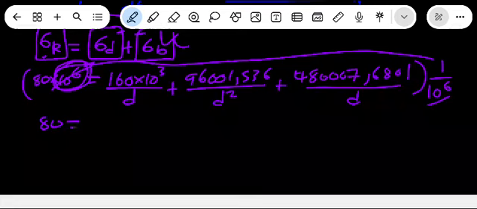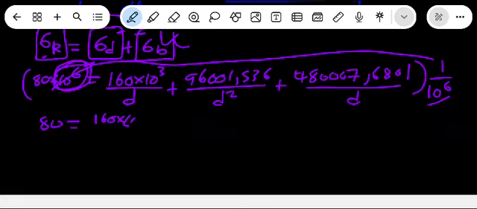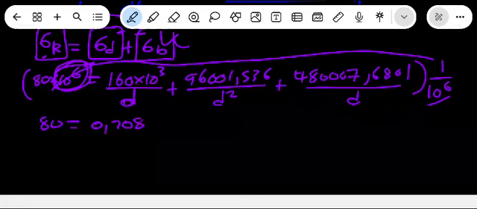So here we'll simply have 160 times 10 to the power of 3 divided by 10 raised to the power of 6. If I punch this on my calculator, I will obtain 0.208. All right, so I have d here.